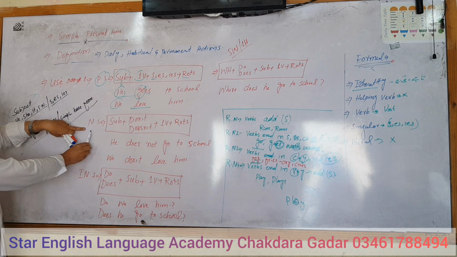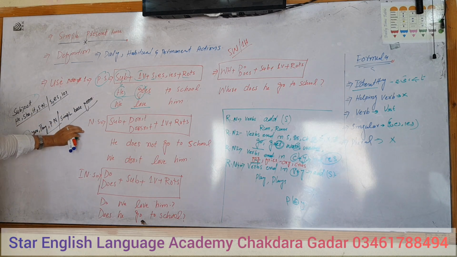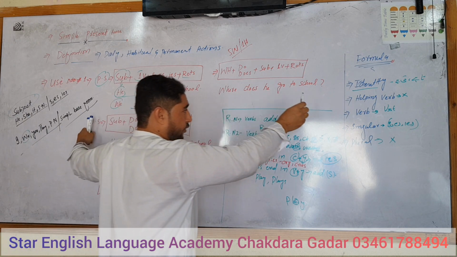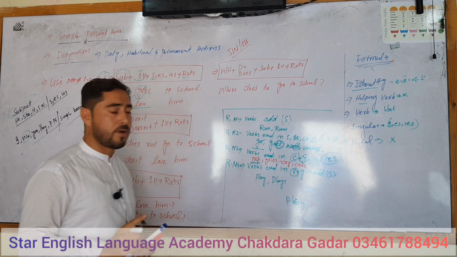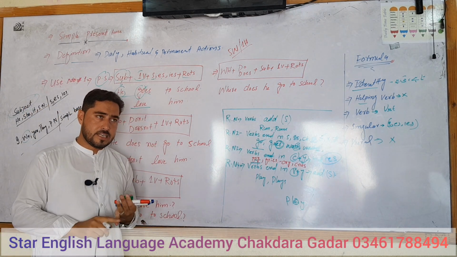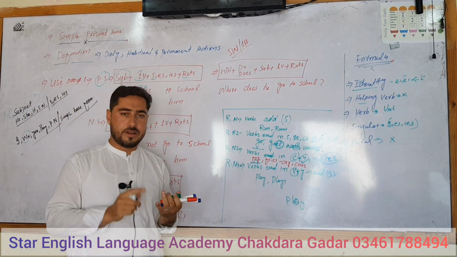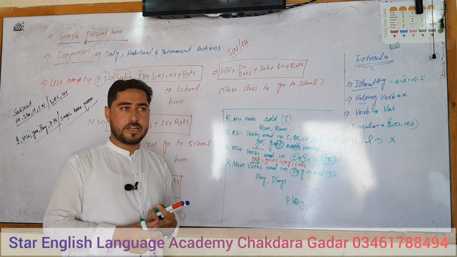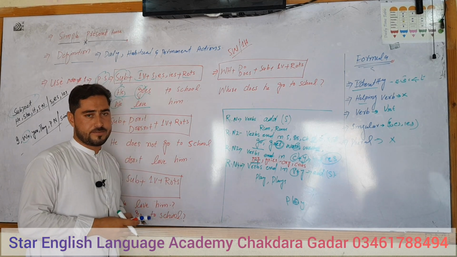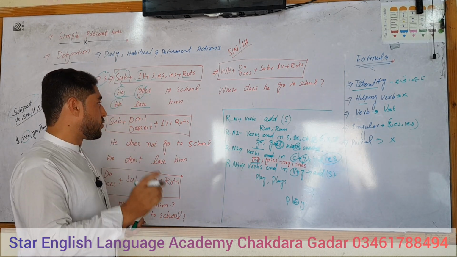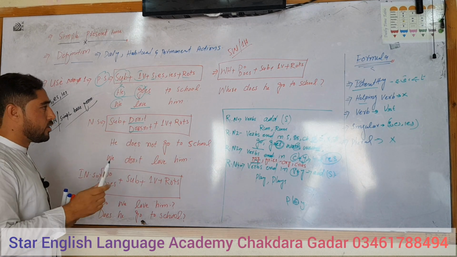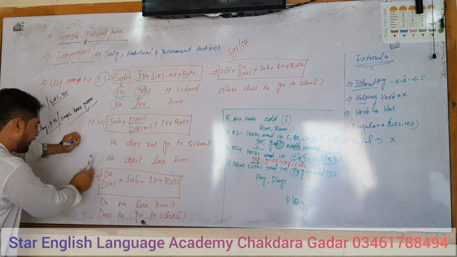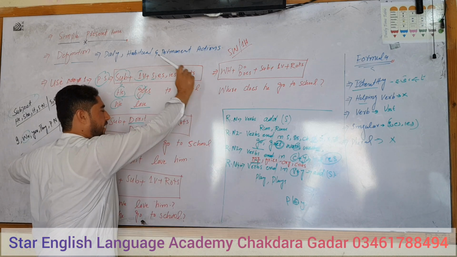The second one is the negative structure. It is easy. I told you that we don't use a helping verb in the affirmative structure, but we will use does or do as a helping verb in the negative structure, interrogative structure, and informative structure.